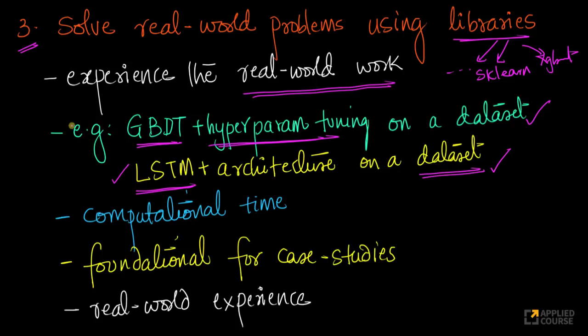This is the type of work that you do. When you're using GBDT, we ask you to use XGBoost or any other library that you're most comfortable with. Similarly, when you're writing code for LSTM, we ask you to use TensorFlow, Keras, whatever library you're comfortable with. Please understand that the computational time required, not the coding time, but the computational time required for some of these assignments can be a few hours.